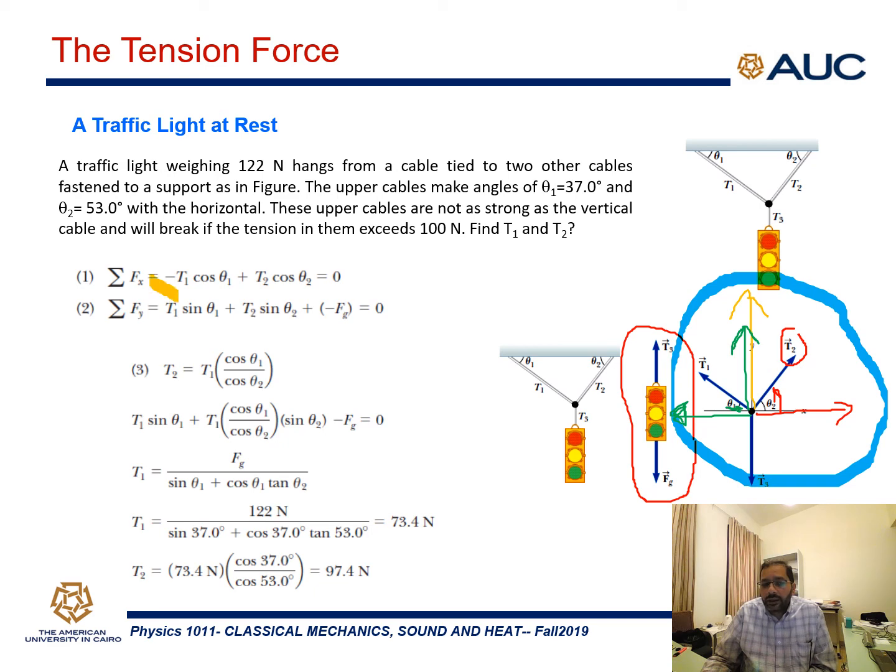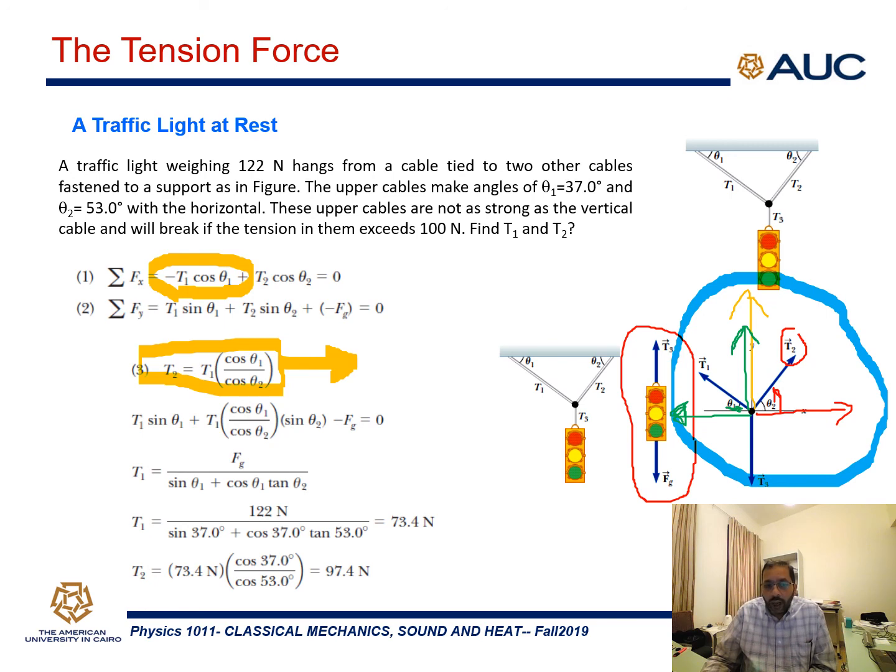Taking this to the right-hand side, we get a relationship between T2 and T1: T2 equals T1 cosine theta 1 divided by cosine theta 2. This equation gives us the ratio between T1 and T2. It does not give us the value of T1 or the value of T2.